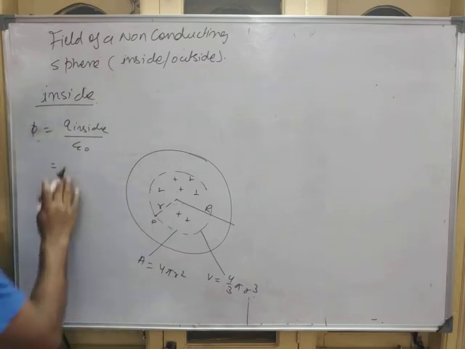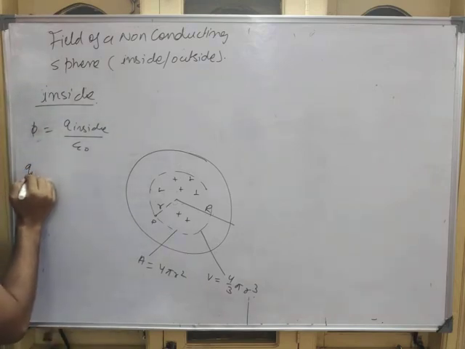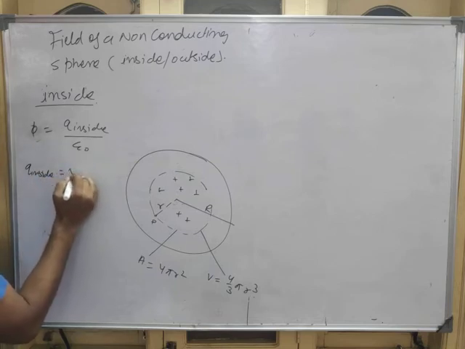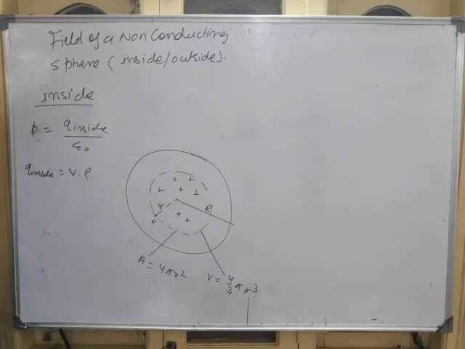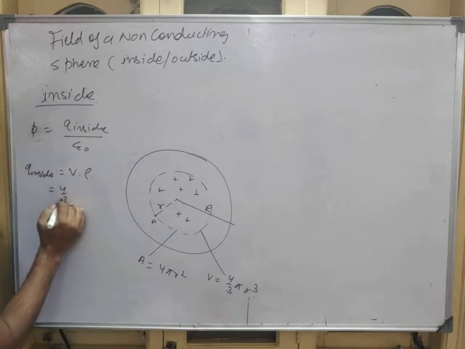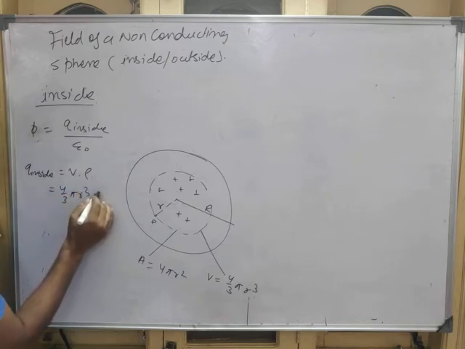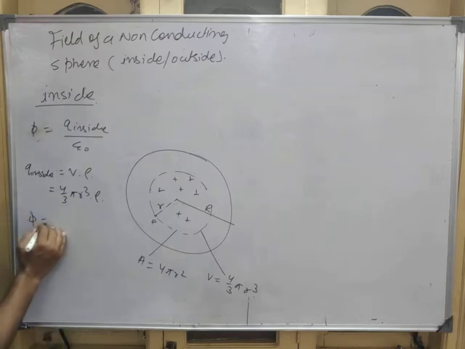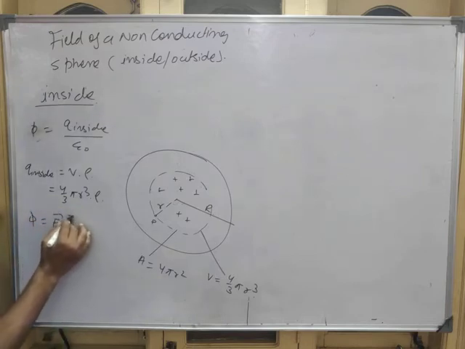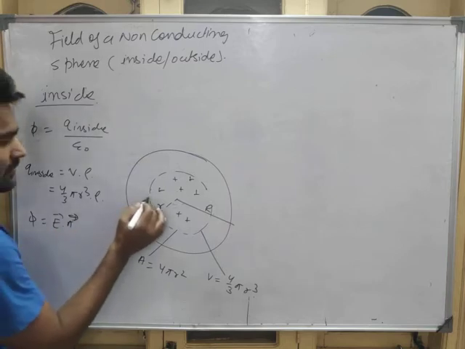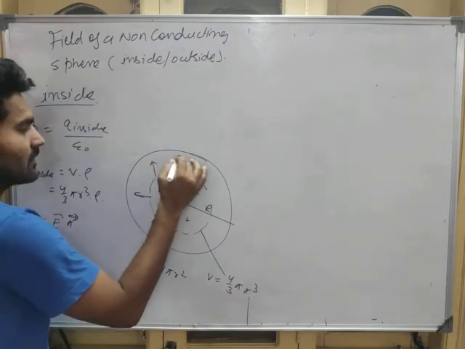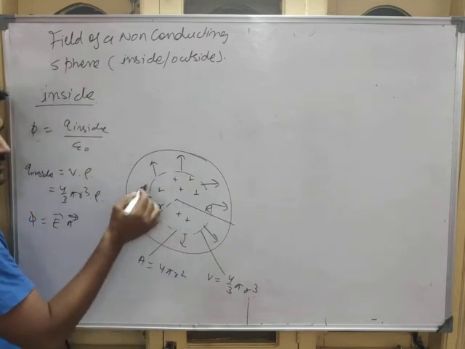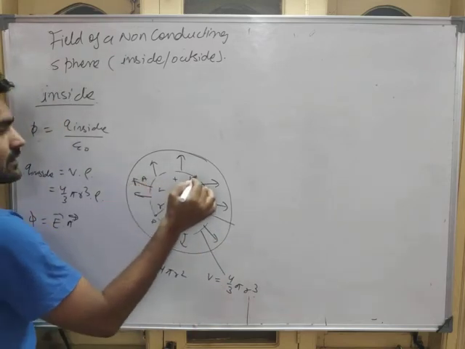And if you want to calculate the charge, Q inside will be the volume into the volumetric charge density. What is the volume? 4 by 3 pi r cube into rho, right? And phi is also equal to E dot A. Now you see here, the field will be generated like this, everywhere, and the area vector of this is also like this.